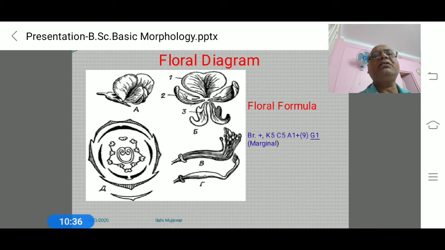We look here, the aestivation is of the vexillary type. Then out of 10 stamens, 9 stamens are united forming one bundle, and the single one is free, so it is called a diadelphous condition, and in the center the ovary shows marginal placentation.